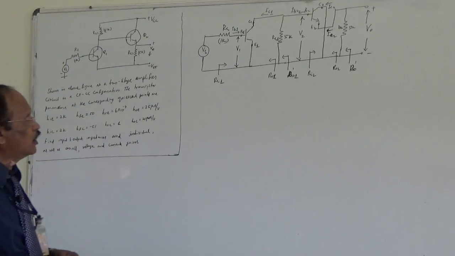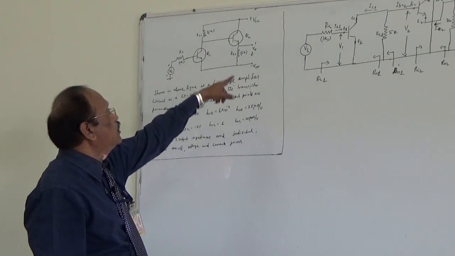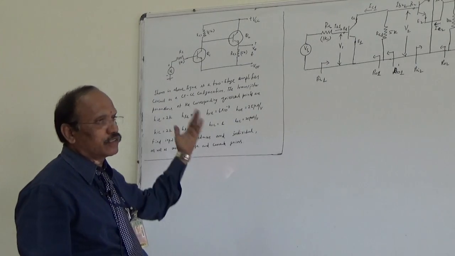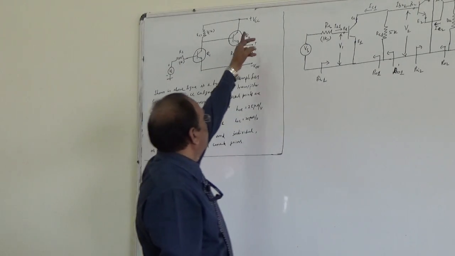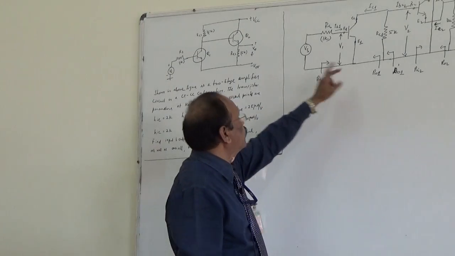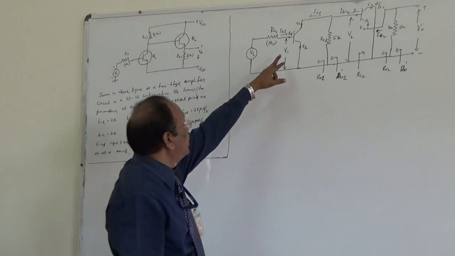We can draw the equivalent circuit like this. Since VCC and VEE are voltage sources, we can short circuit them while taking the equivalent circuit, so I brought both points to the ground. VS through RS is connected to the base.